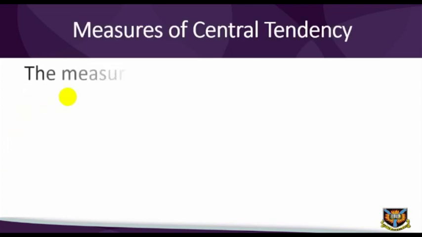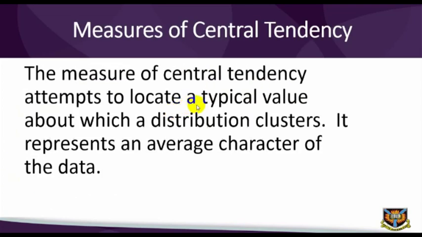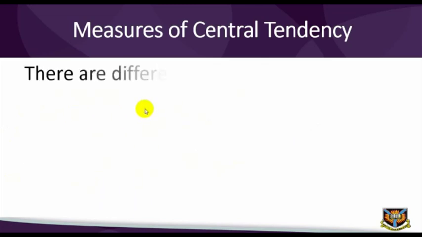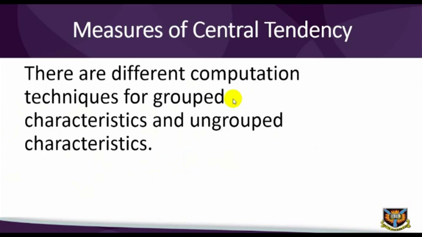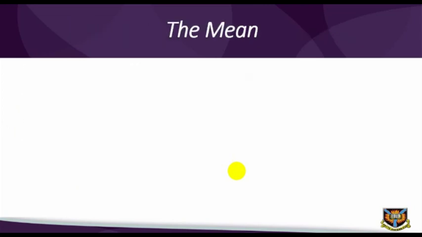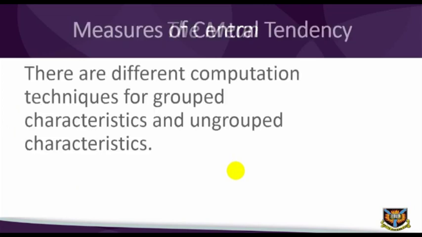The measure of central tendency attempts to locate a typical value about which a distribution clusters. It represents an average character of the data. The most common measures of central tendency are the mean, the mode, and the median. As we have learned in Lecture 1, there are grouped and ungrouped data.